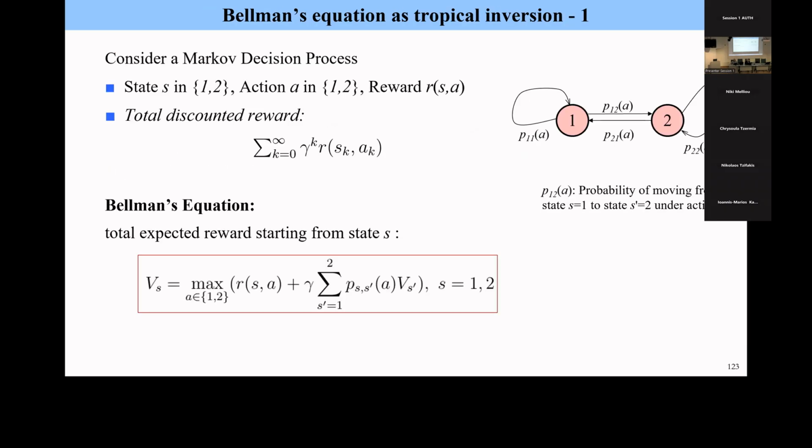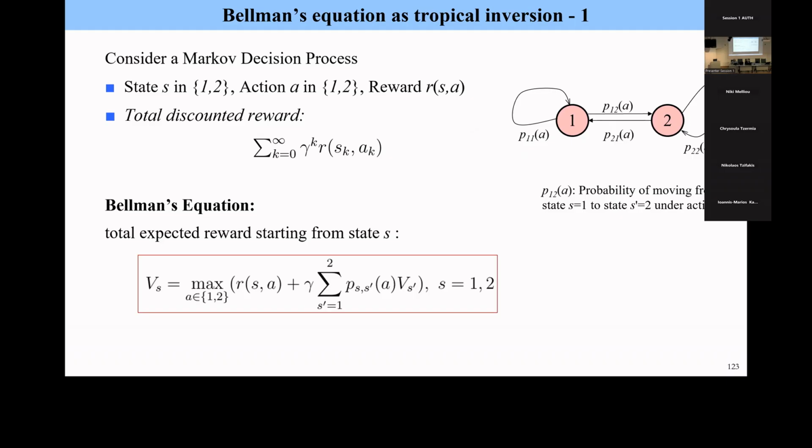Let us look at this. Suppose we have a Markov decision process. And we have two states, state 1 and state 2, and we have two possible actions, and we have possible rewards. The reward here is given as a function R, and this function R depends on the state where we are and the action we perform.